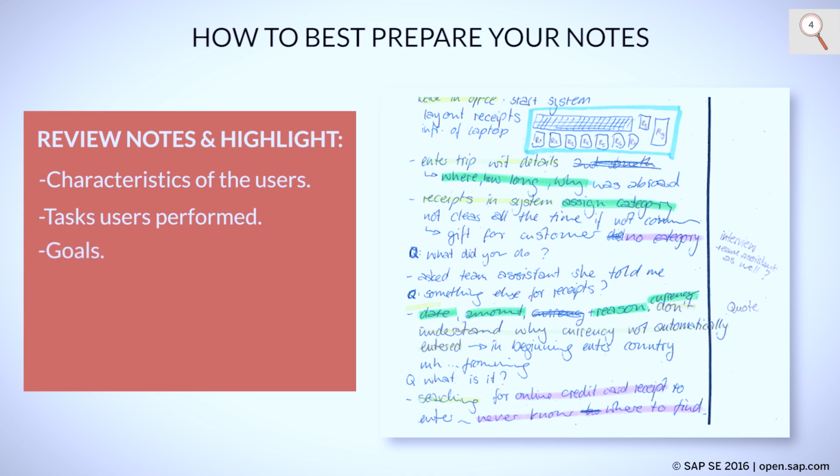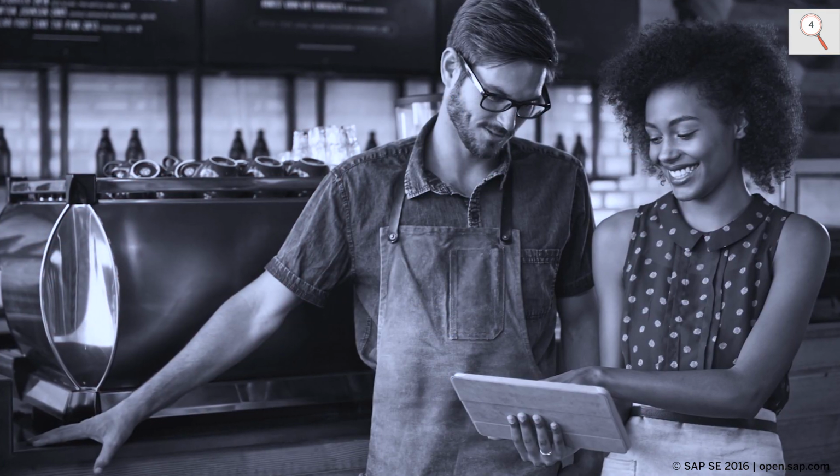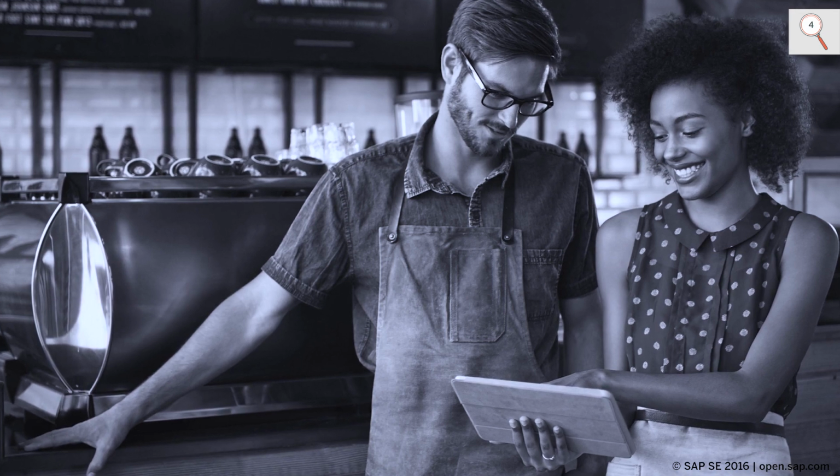Goals, which in our case could be things like filing their expense reports. Pain points, things like receipts that are hard to keep track of. And needs, such as getting reimbursed for their expenses quickly. Also environment and tools, things they're using such as mobile devices or credit cards.